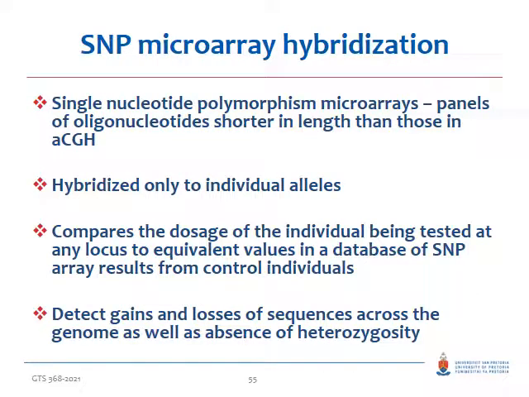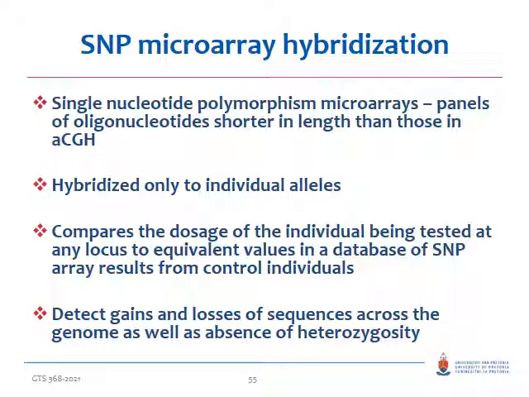So lastly, SNP microarray hybridization makes use of a panel of single oligonucleotides that are shorter in length than those in an array CGH, as they only hybridize to individual alleles. So for a single SNP locus, the oligonucleotide will be present to only hybridize for that specific locus.